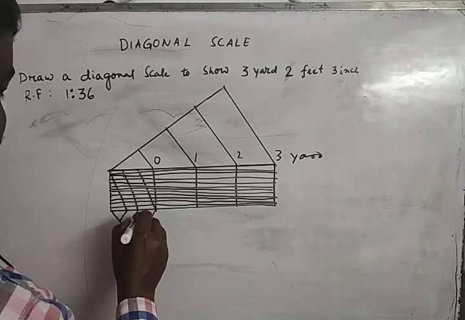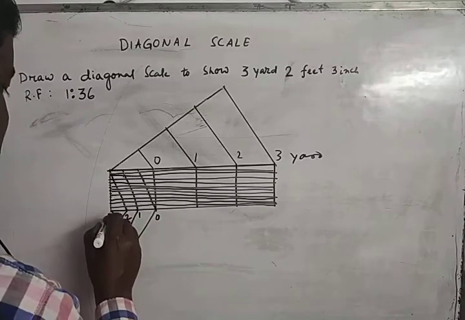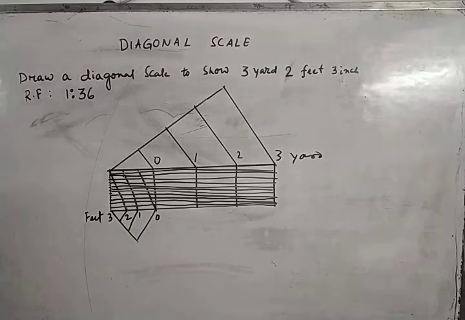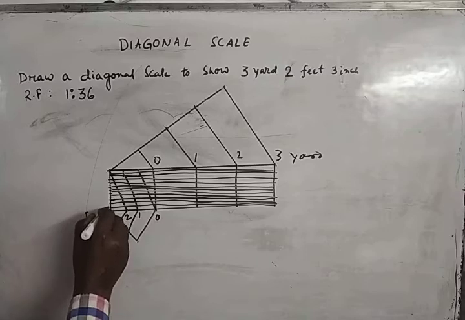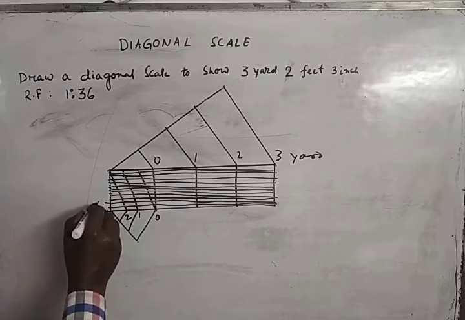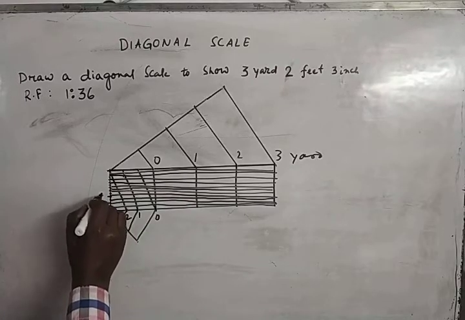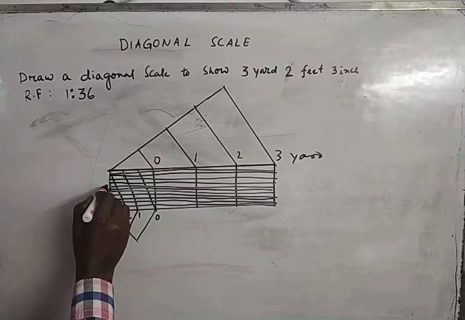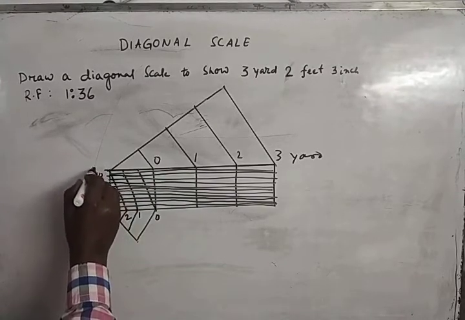This one is 0, 1, 2, 3. That was in feet. And tertiary division. These are the tertiary divisions. 0, it is 1. I am writing here. 2, 1 after another. 4, 6, 8, 10, and last one is 12. Okay.